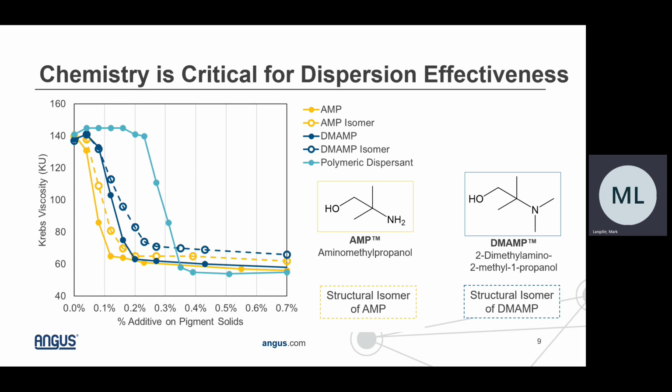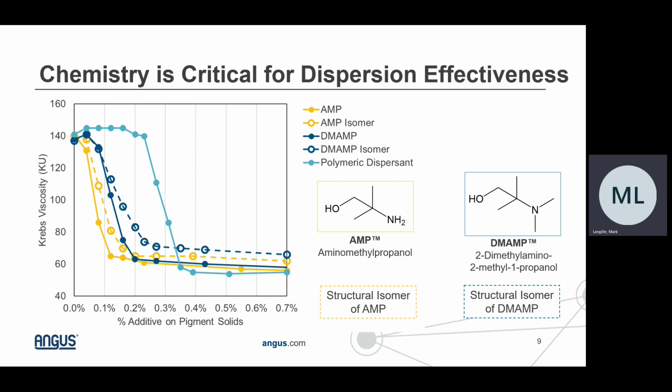Structural isomer means that the molecule has the same molecular formula, but a different structure. Just imagine that we made a slight rearrangement to either the methyl or the hydroxyl groups on the molecules that are shown. But what we find is that neither of the structural isomers are as effective as their respective commercial products. So small differences in chemical structure do make a big difference in how effectively pigments can be dispersed. Not all amino alcohols are equally effective at doing this.